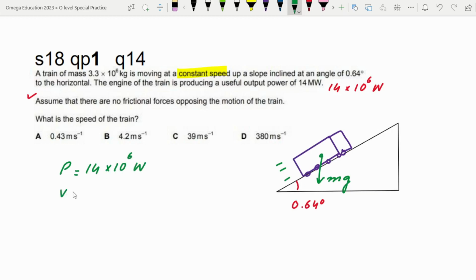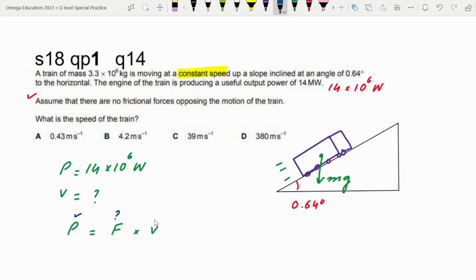The speed needs to be found out, and if we can find the force, then we can use the formula P equals F into V for the engine. So P is already there, force we can find, and then we can answer for the value of speed.